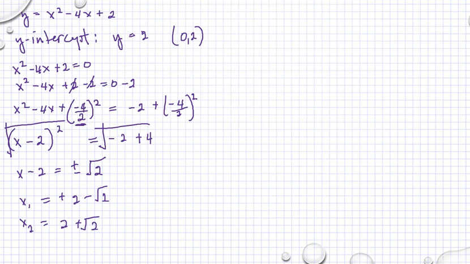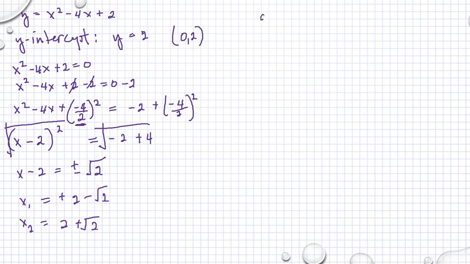But we cannot use those much because we don't have an exact value or whole number. Maybe it's better if we can find the axis of symmetry.